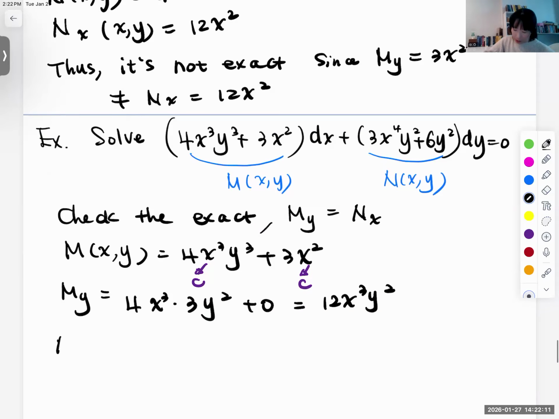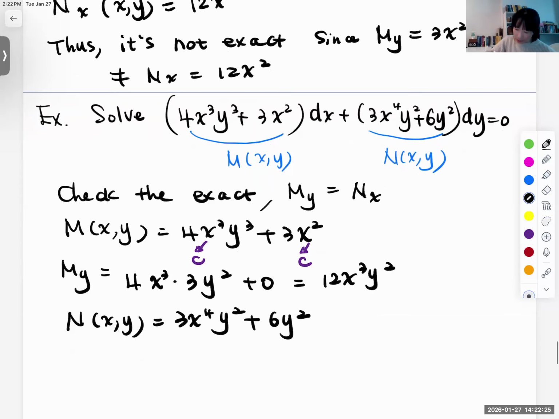Now what about the partial derivative with respect to x? So let me write down n of xy equal to 3x to the fourth power y to the second power plus 6y to the second power. Taking the partial derivative with respect to x, the 3 is a constant, y squared is a constant in the first term, so we get 4x to the third power, and the last term is a constant, which is 0, right?